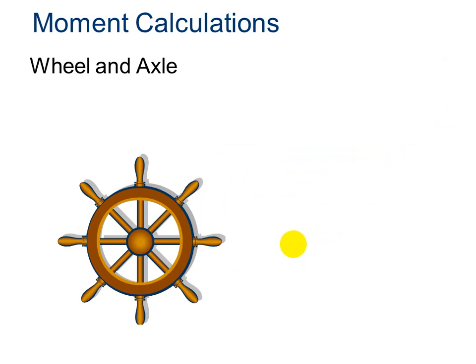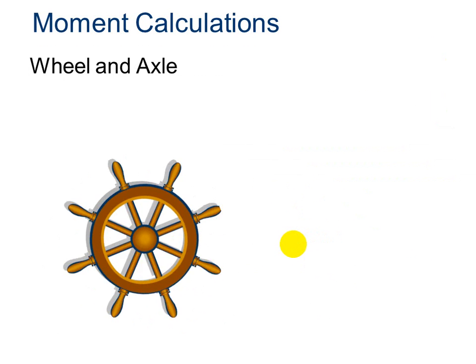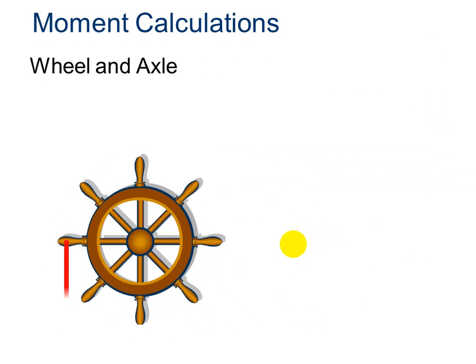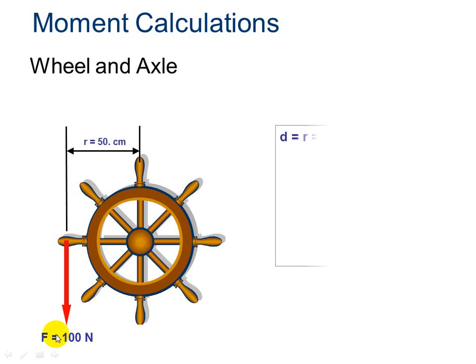Now let's consider a wheel and axle. What's the moment when I turn this wheel and axle by pushing with 100 newtons of force straight down? Okay, so again, to find a moment, I need to do the perpendicular distance times the force.